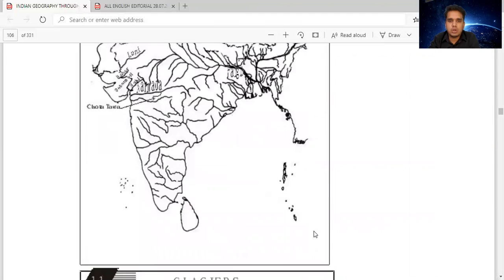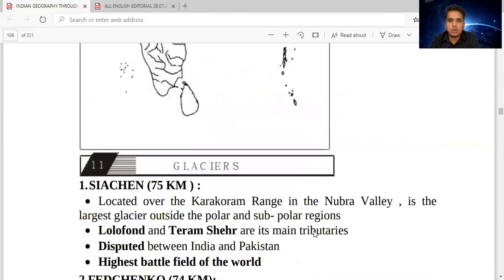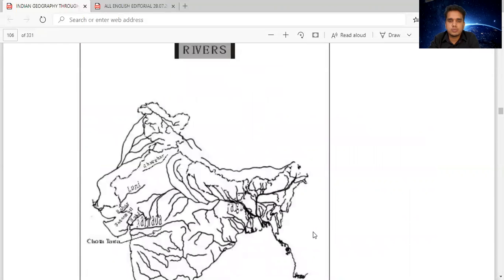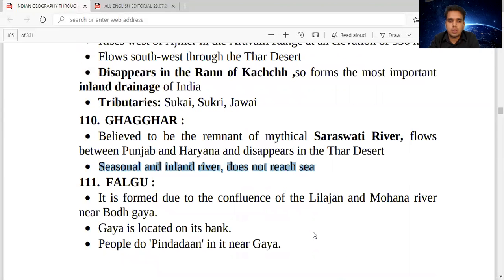So here the topic of rivers is now complete. Falgu River, let's do this last river too.